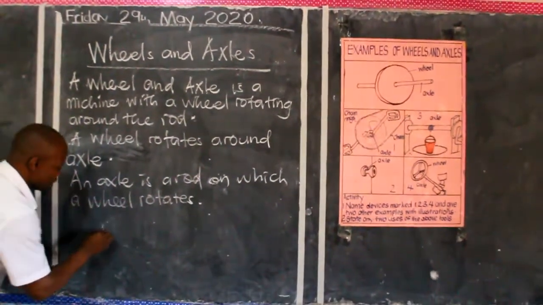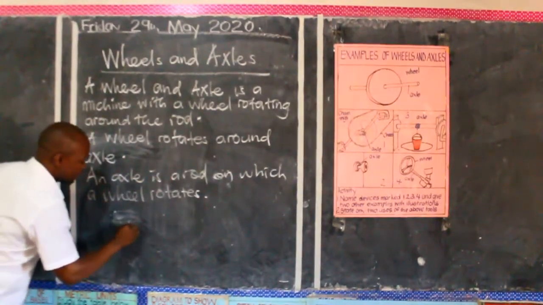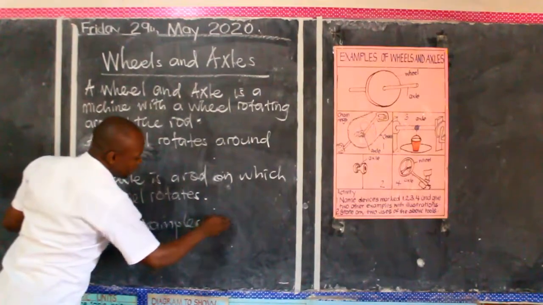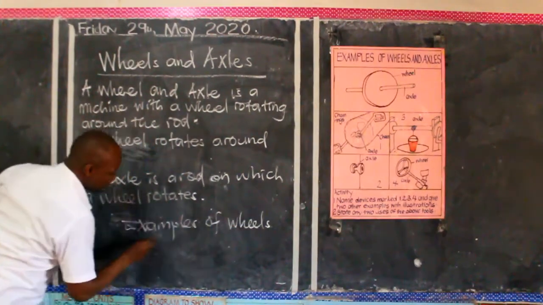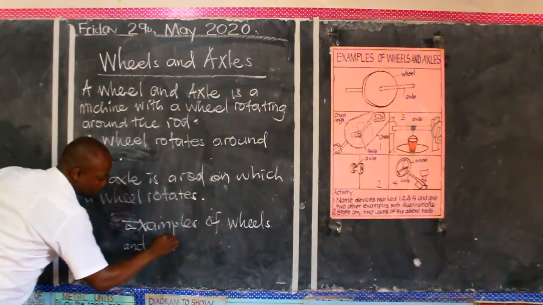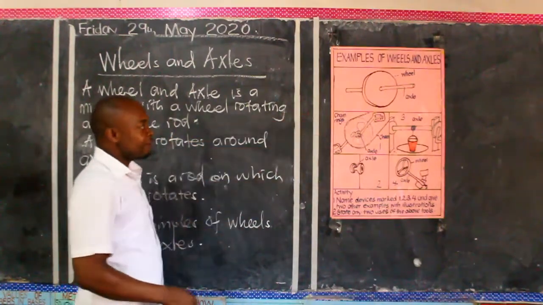After seeing the structure of a wheel, we see examples of wheels and axles. We have got many of them.